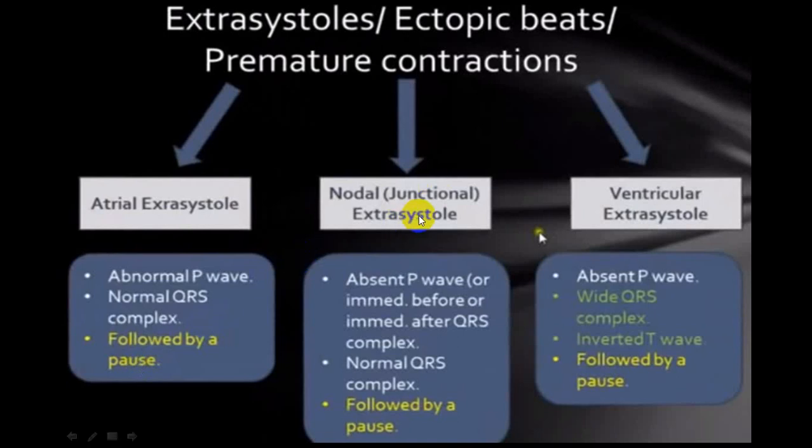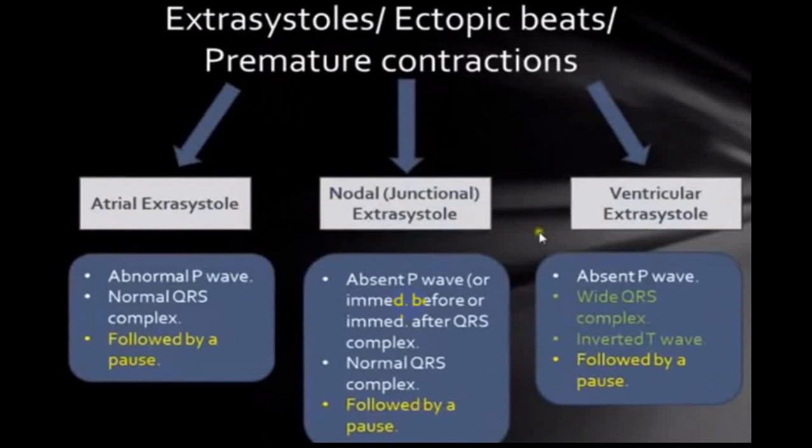While in case of a nodal extrasystole, because it is coming from the AV node, usually the P wave is absent, or the P wave may be just before the QRS complex, because if it is very close to the AV node, then a P wave may be present. The QRS complex will start when the impulse travels down the bundle of His and activates the septum.